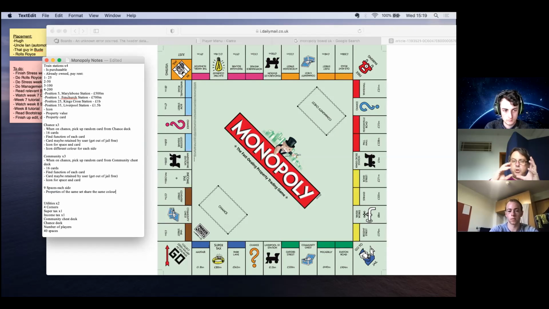They actually make a logical unit, don't they? Mm-hmm. Okay, so I'm going to give you the English for that then. Properties of the same set share the same colour. Excellent, okay. So each one has a colour.